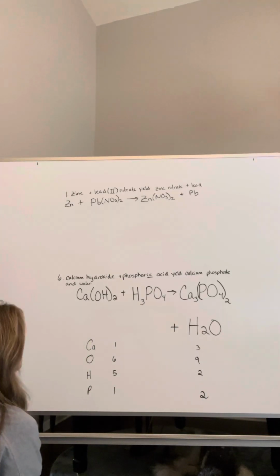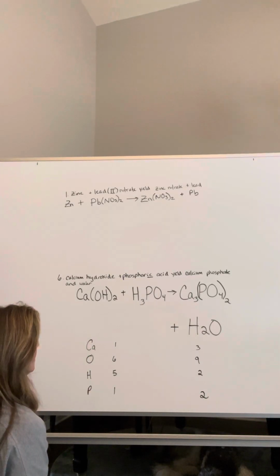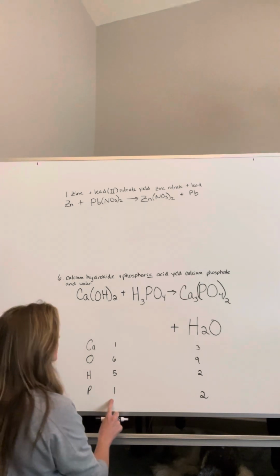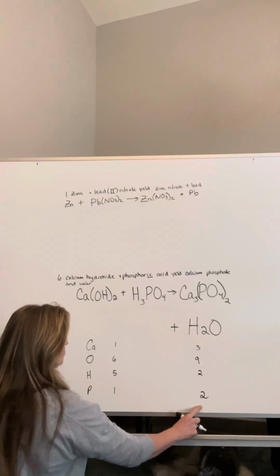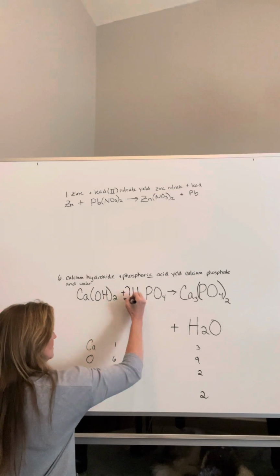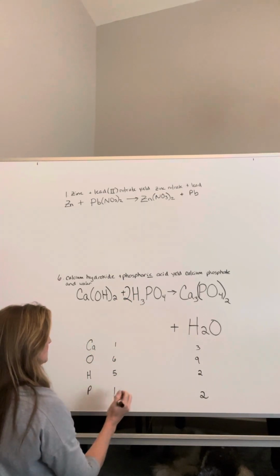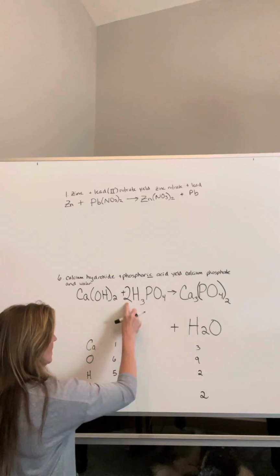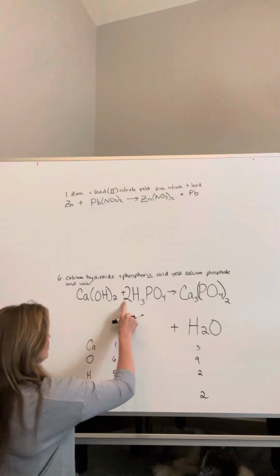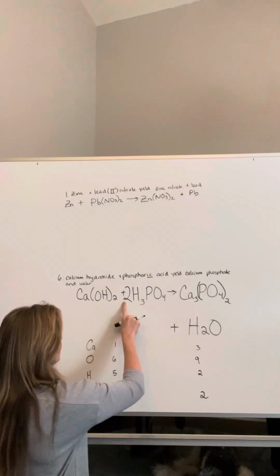Okay, so we're going to have to play around with this a little bit. An easy one is phosphorus. I've got 1 over here and 2 over here, so I'm going to put a 2 here to even out my phosphoruses. So now I have 2 phosphoruses. Those are done. But that changes my number of hydrogens, because that was in here.